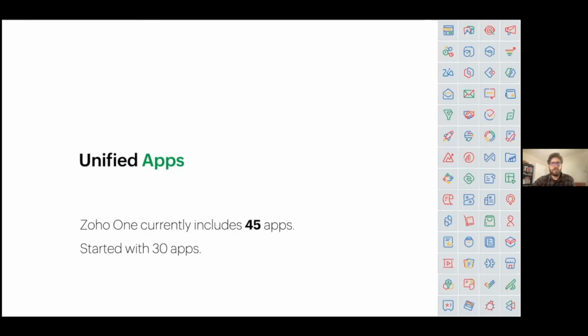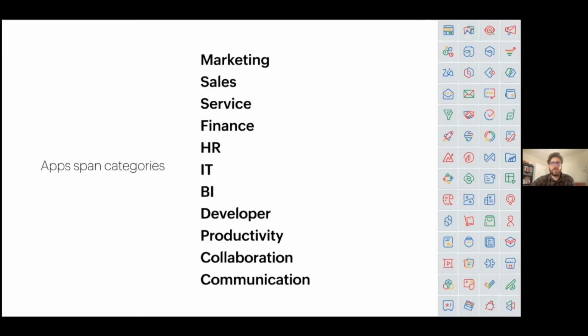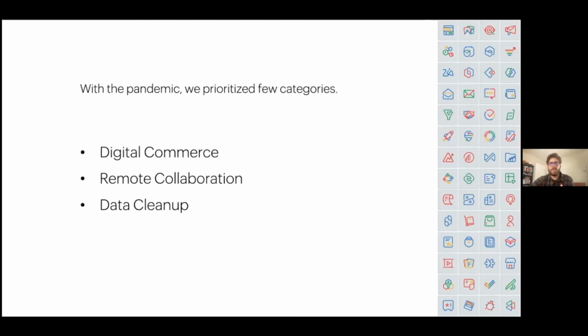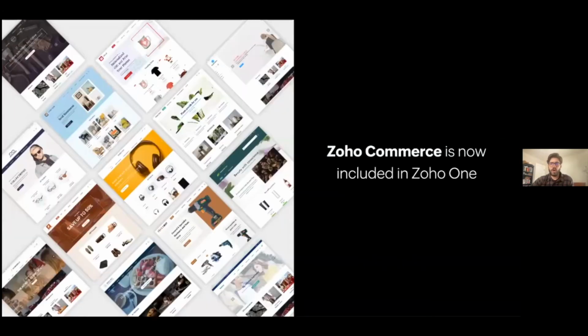As we mentioned before, Zoho One now has 45 applications, and it started with 30. So since 2017, we've added a lot of value across all these different business categories. With the pandemic, we're prioritizing a few categories, so we'll jump into that. First, around digital commerce.